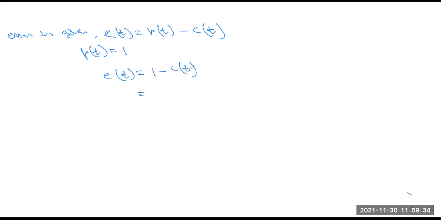In the previous classes we calculated the c(t) value.